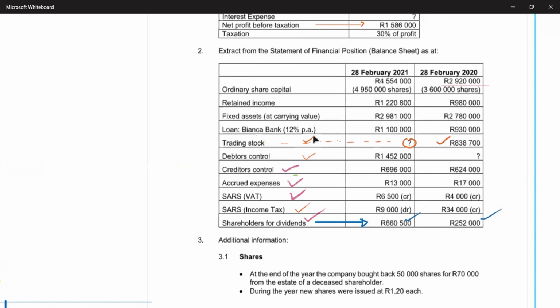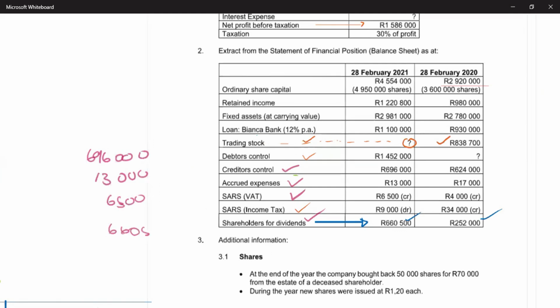Now, let me add all my current liabilities. My creditors control is 696,000. My accrued expenses amount to 13,000. My SARS, which is a credit balance for VAT, is 6,5. And then my shareholders for dividends, 660,500.